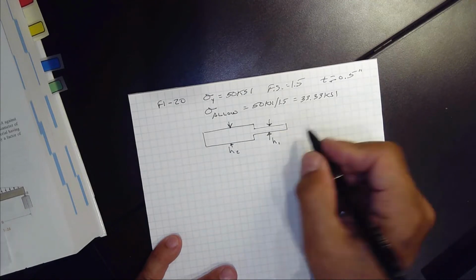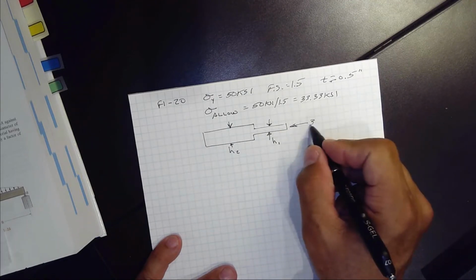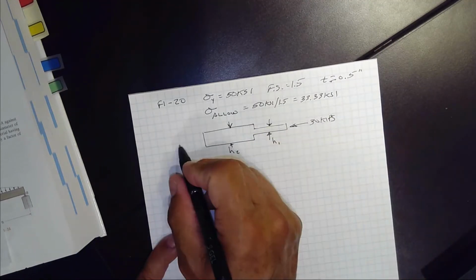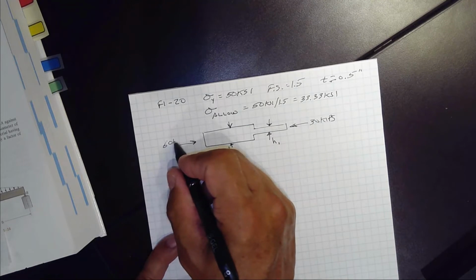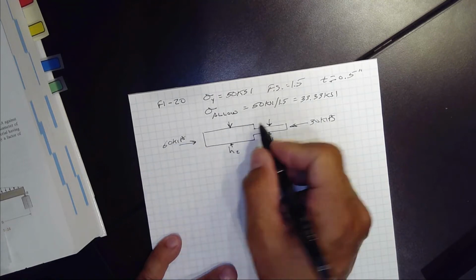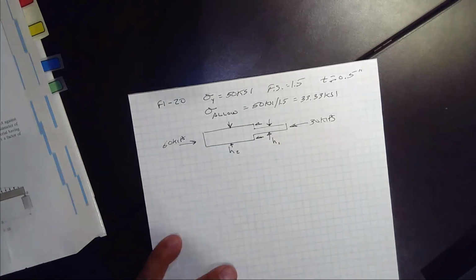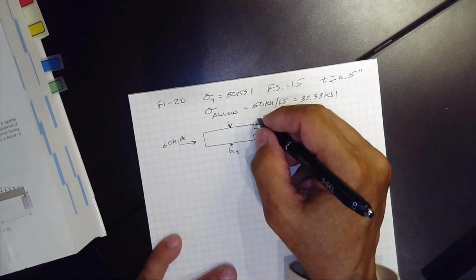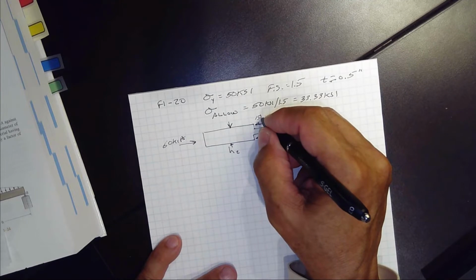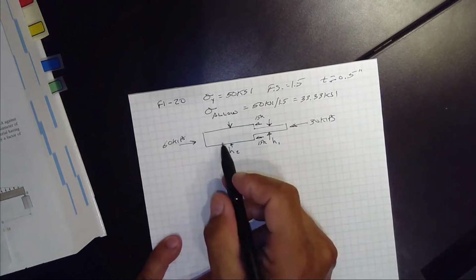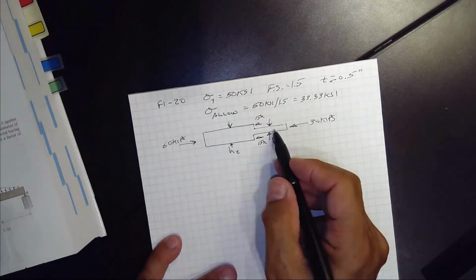And we're going to put 30 kips here and 60 here, because on this shoulder we're putting an additional 30 kips, 15 here and 15 here. Okay, so that means in this section we've got 60 kips, and in this section we have 30 kips.